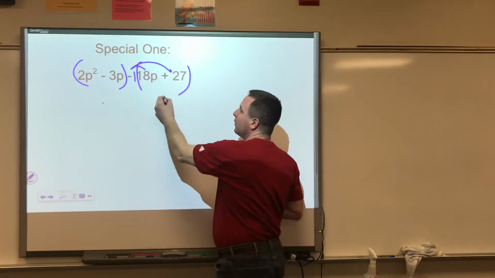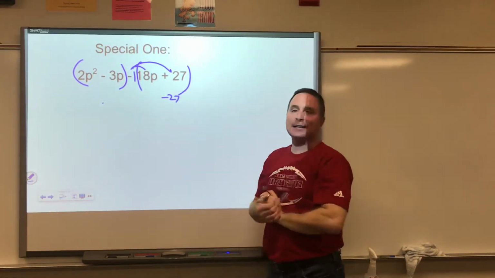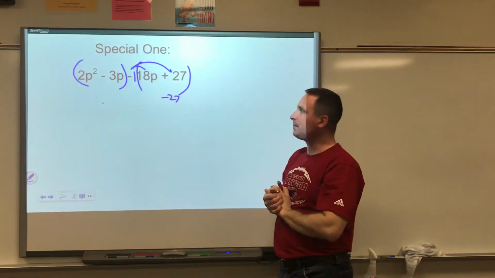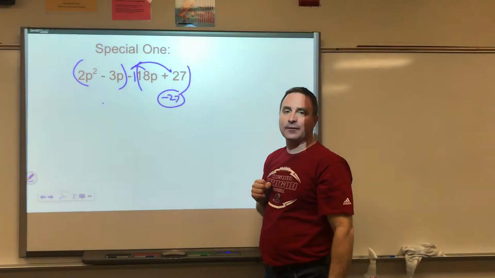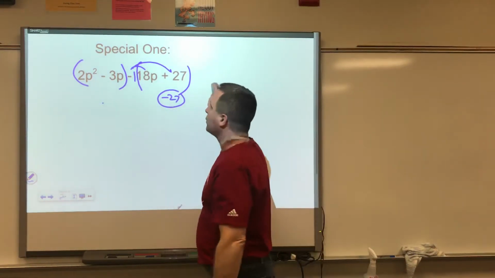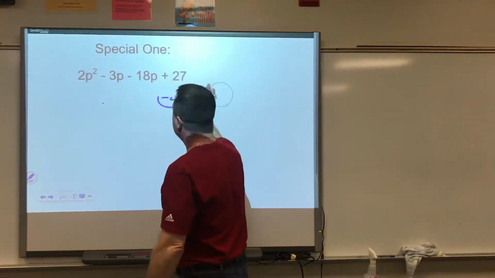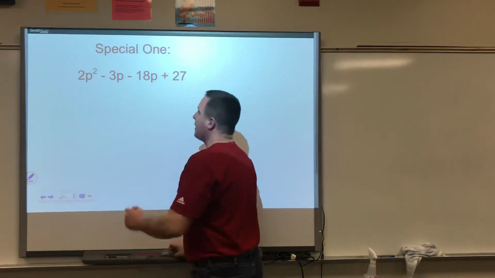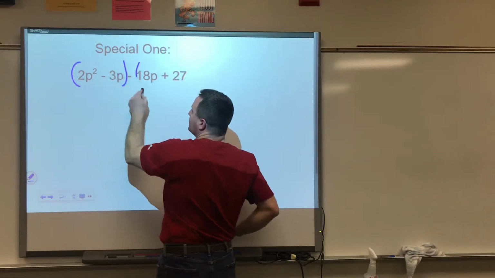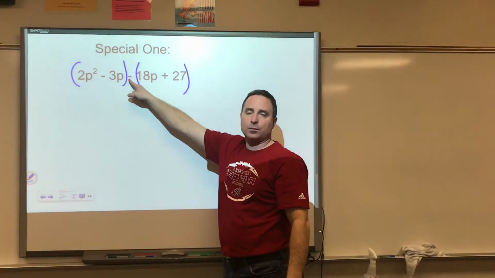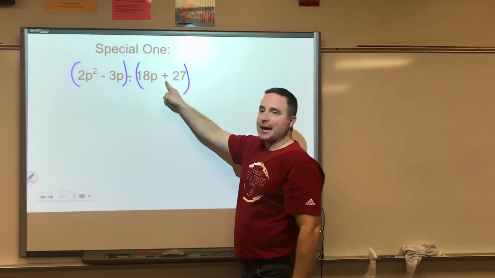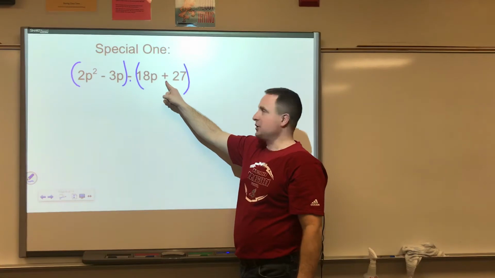Negative 1 times 27 makes it negative 27. Okay? So what we just did here is we changed the value of the 27. To make a long story short, here's what we need to do. When I group these things together, and I have a minus sign in between the 2 groups, we need to change the sign on the very last number, just the last number.